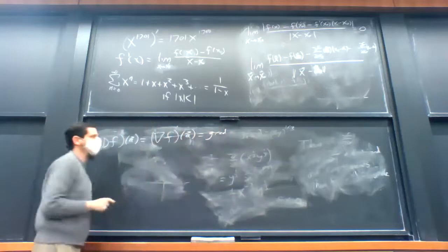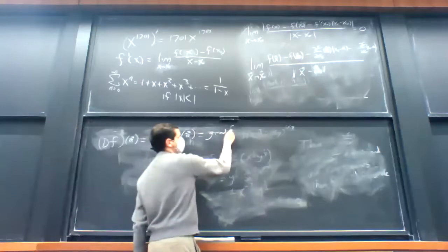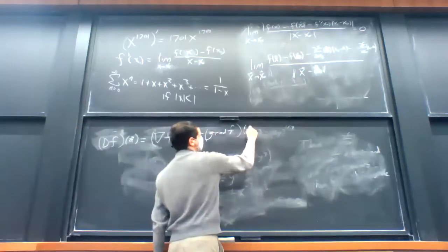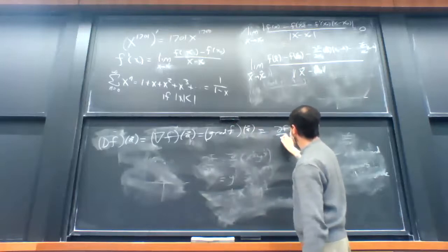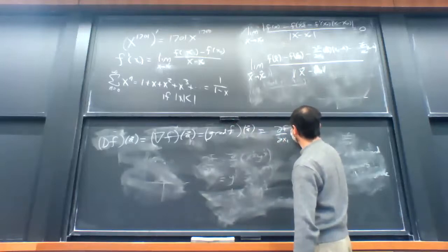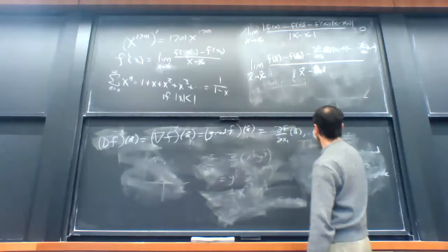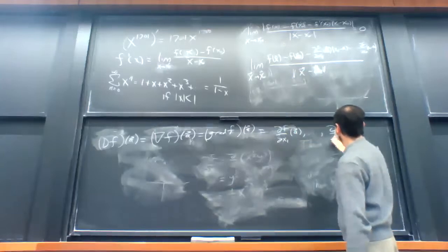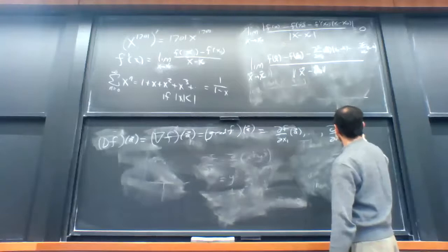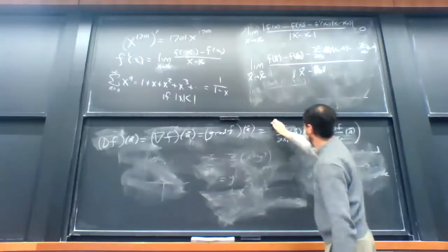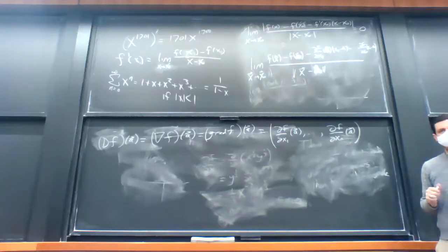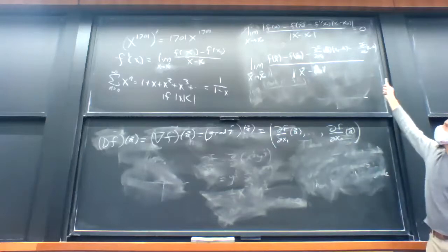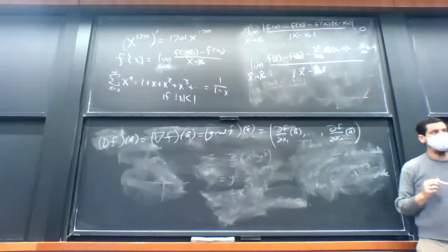We would read this as grad of f at the point A. And this will just be df/dx1 at the point A, through df/dxn at the point A. So it's a vector. Do you see any dot products in there?